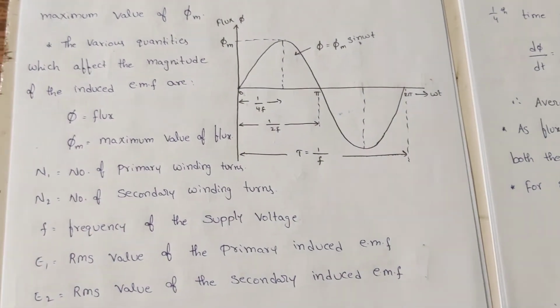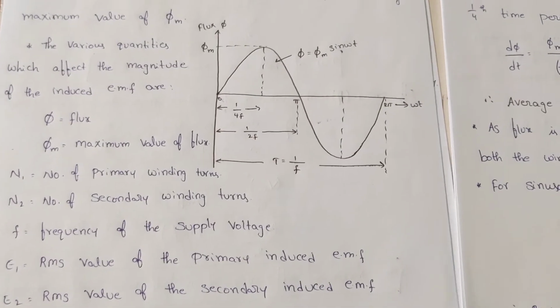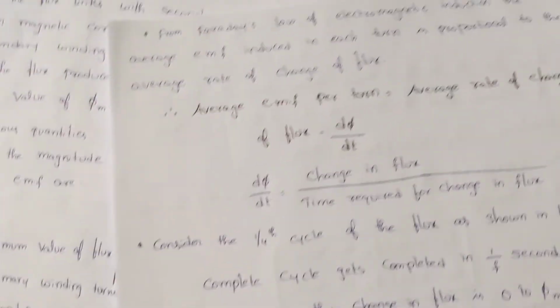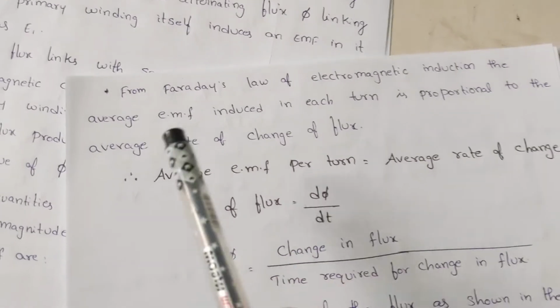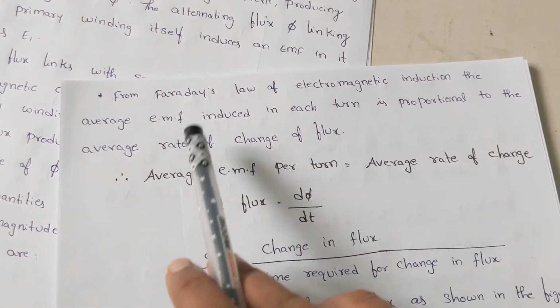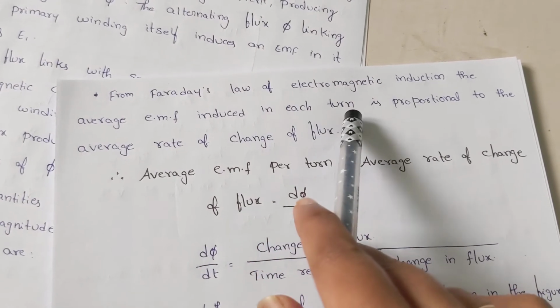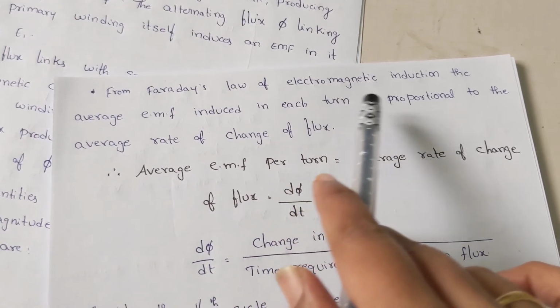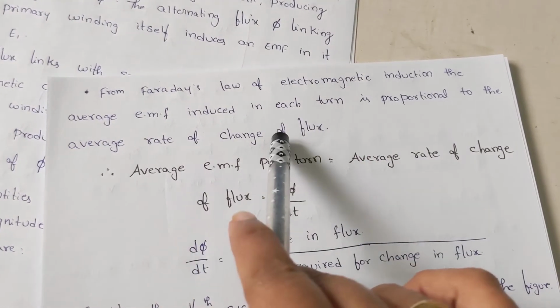As per Faraday's laws of electromagnetic induction, the average EMF induced in each turn is directly proportional to the rate of change of flux, which is d phi by dt.